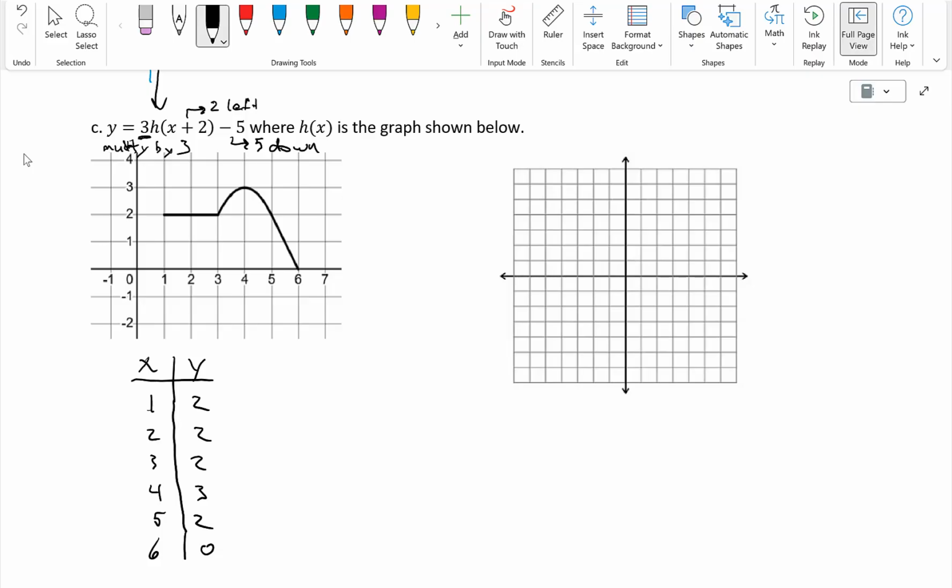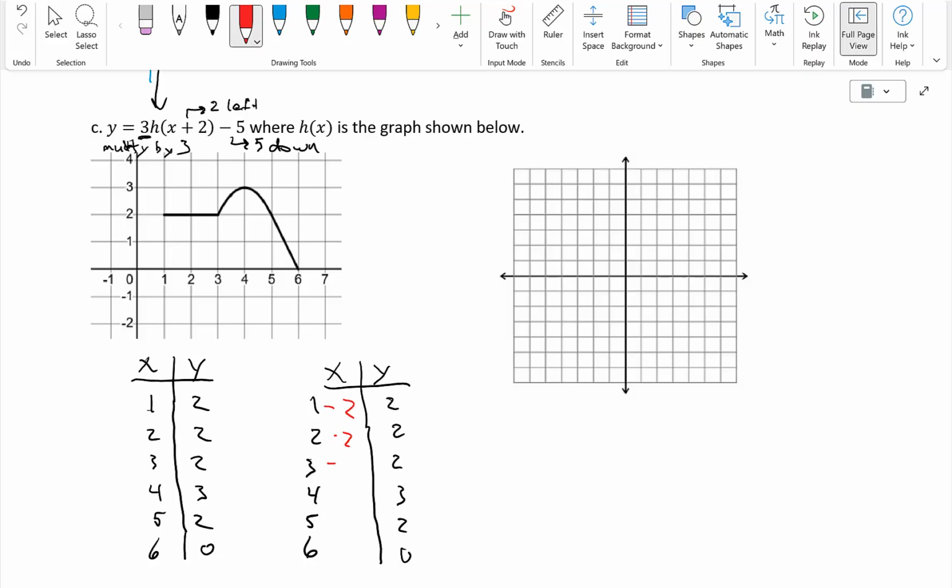But for all the x's, to shift them to the left 2, we're just going to subtract 2 from all of those values. For the y's, we are going to multiply by 3 and then go 5 down. So for the y's, we just use order of operations. Everything happens as it would when we substitute in our values. So for x, we want a minus 2, all the way down. That's going to give us some new points.